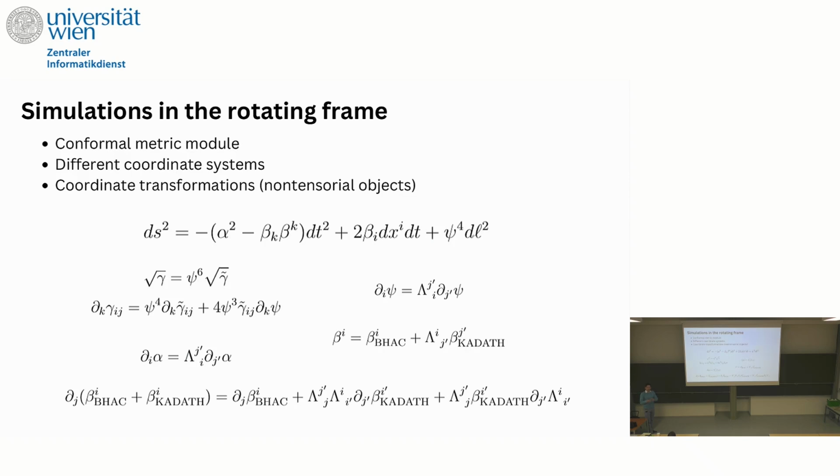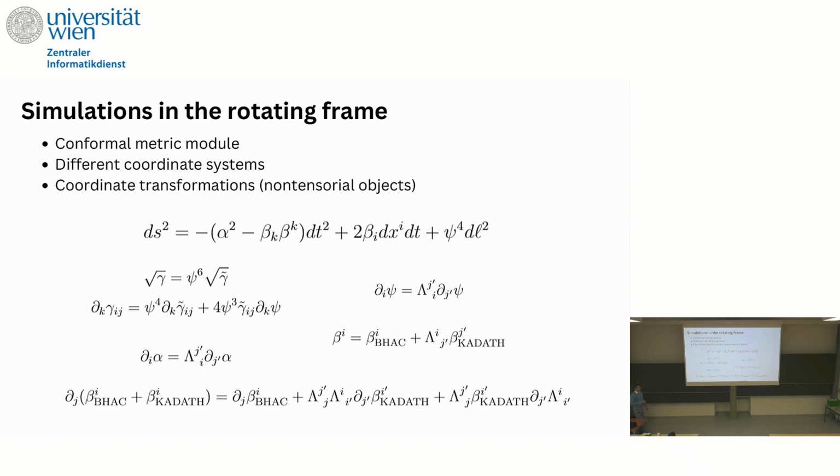It is very modular, and there are different metric modules that contain all the information related to particular spacetimes. What we did was add a general module for conformal metrics. This module reads some information from the Kadath solver, and in addition you can implement very different geometries and coordinate systems for the spatial part of the metric.